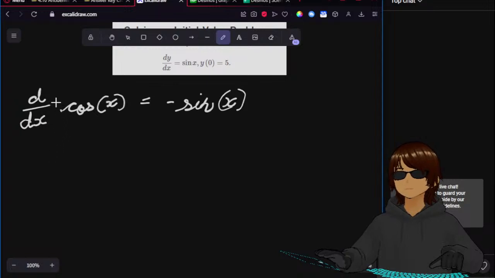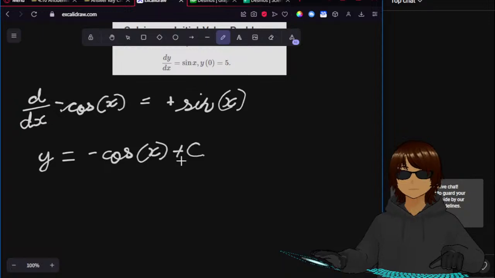Derivative of minus cos x is sin x. So y is minus cos x plus c.